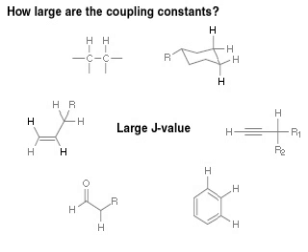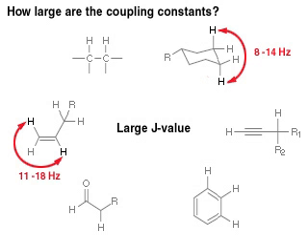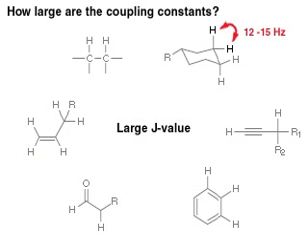The biggest coupling constants are observed for hydrogens locked in the trans configuration, such as in conformationally rigid cyclohexanes and in alkenes. This large trans coupling constant makes it possible to distinguish between cis and trans alkenes via NMR. Geminal hydrogens on conformationally rigid cyclohexanes also display large J values.